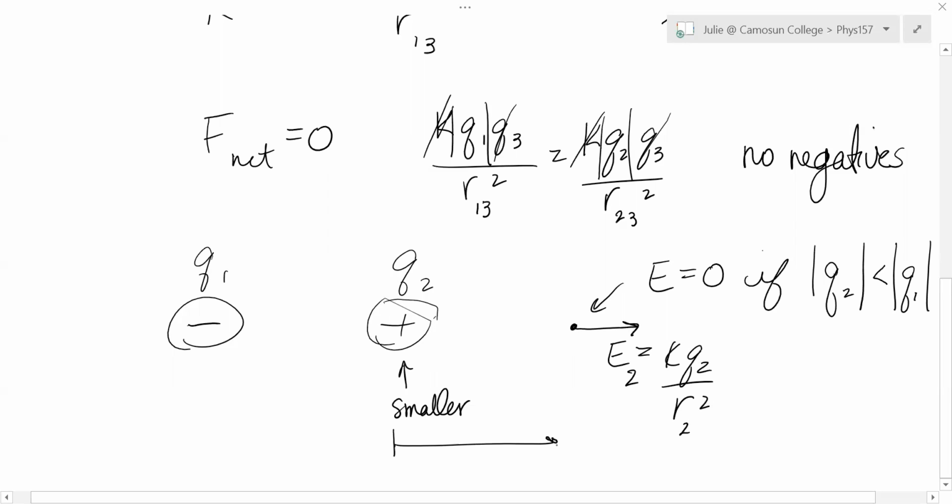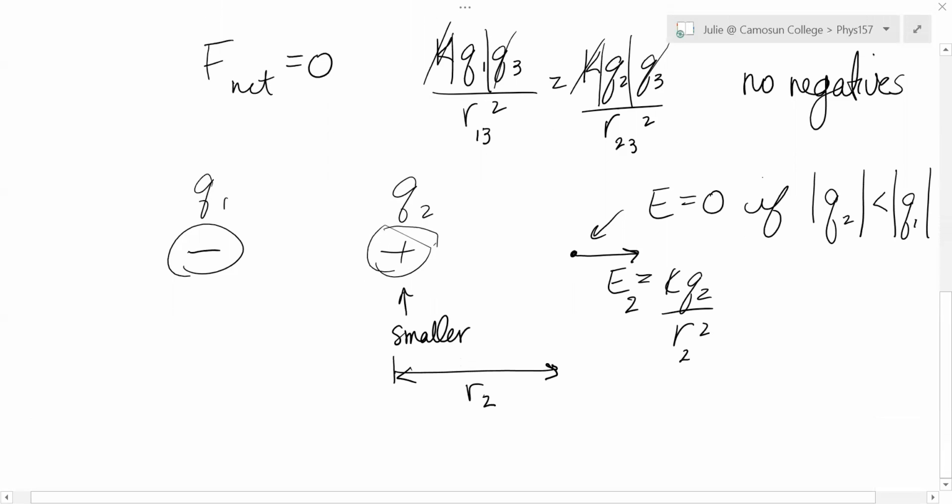R2 would be this distance. That would be to the right because it's a positive charge. The electric field from Q1 would be the opposite direction, towards the negative charge. That would be E1, which would be K Q1 over R1 squared, and R1 would go over here to Q1.